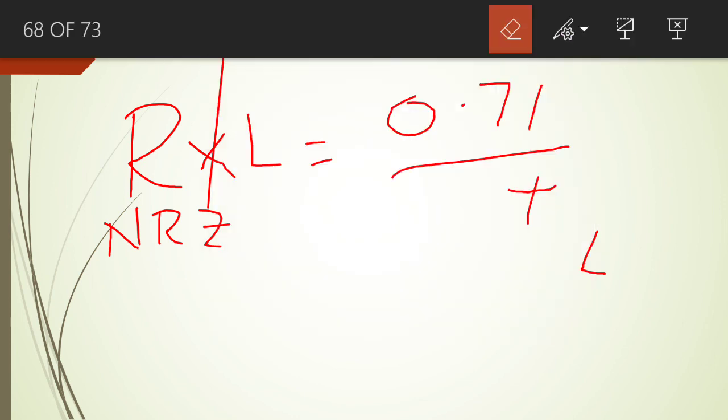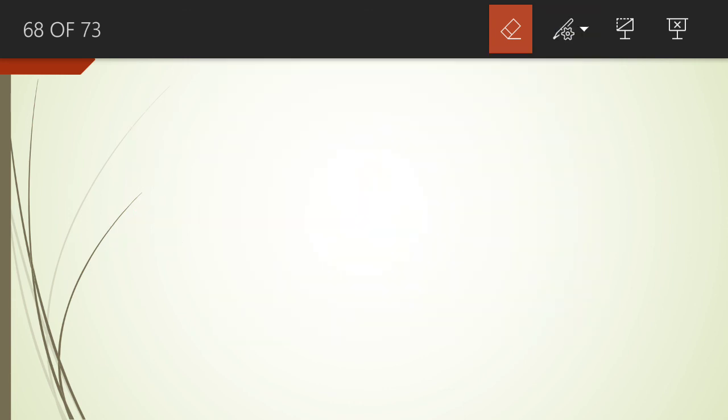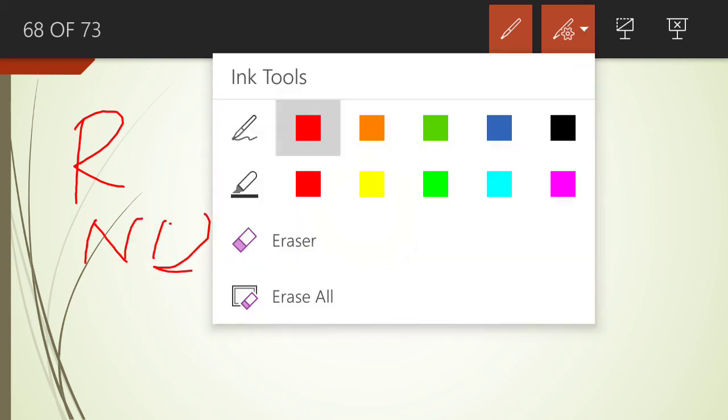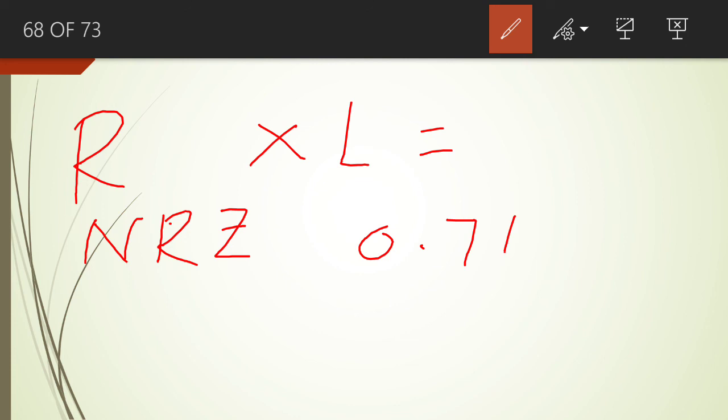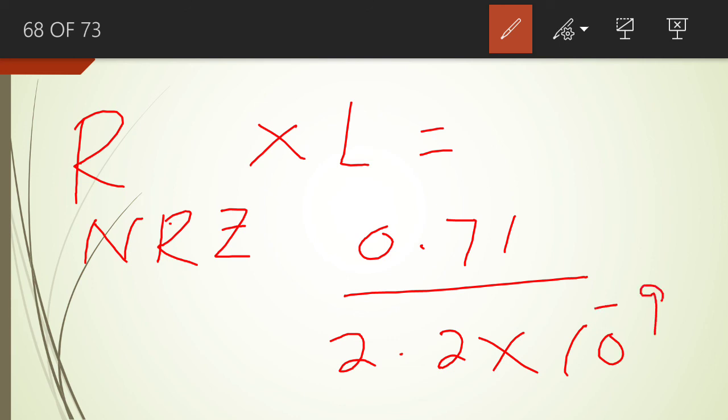So let us calculate this data rate, which is the data rate of the non-return to zero signal multiplied by the length of the information channel, will be equal to 0.71 divided by the pulse spread per unit length, which was 2.2 into 10 raised to power minus 9.